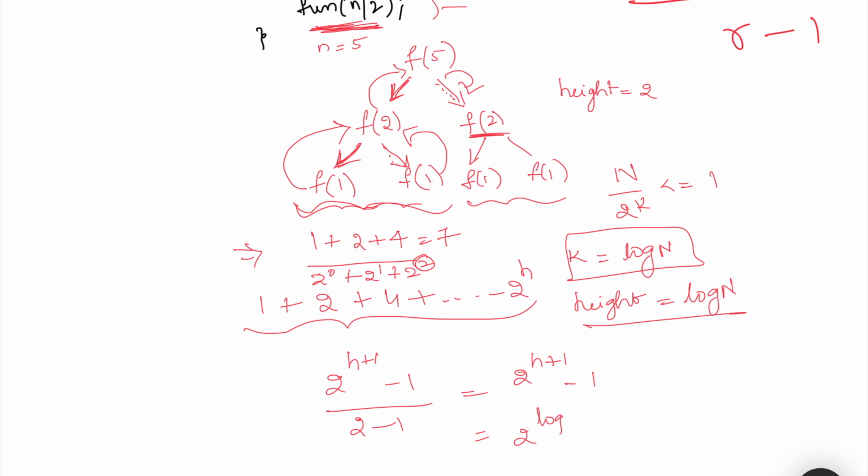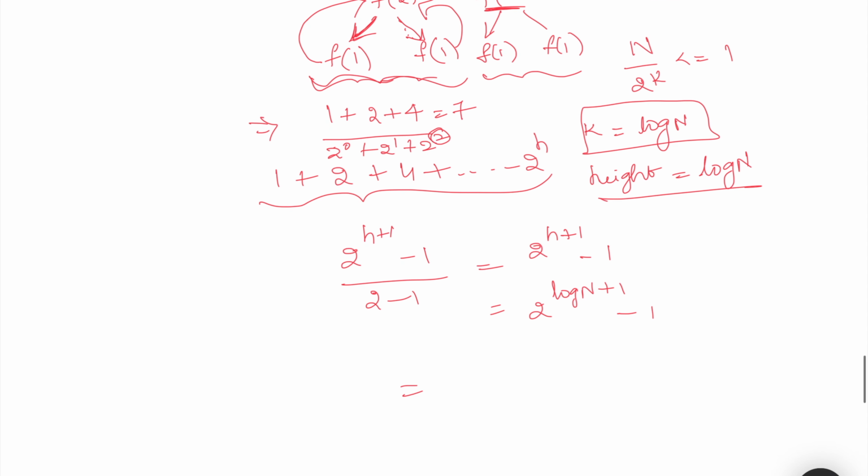So 2 power log n plus 1 minus 1, and 2 power a plus b is nothing but 2 power a into 2 power b. So 2 power log n to the base 2 is n, into 2, minus 1, this is 2n minus 1.